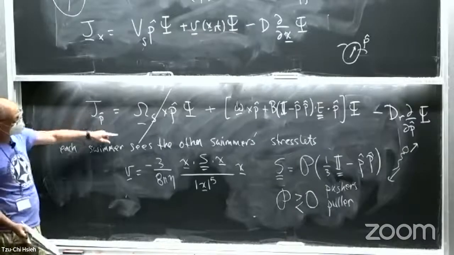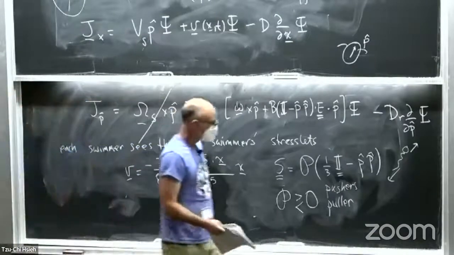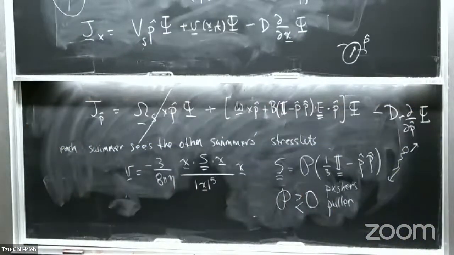Okay, so now we can use Batchelor's formula to calculate the stress induced by the swimmers.